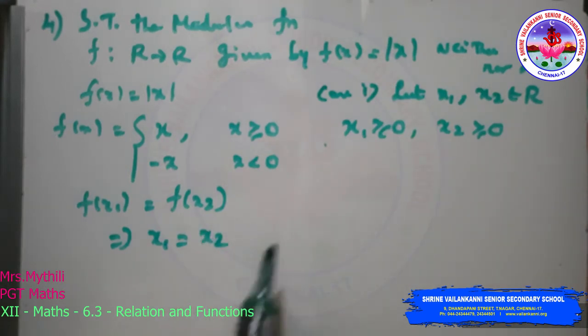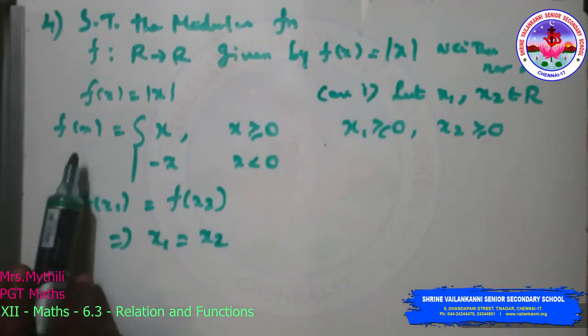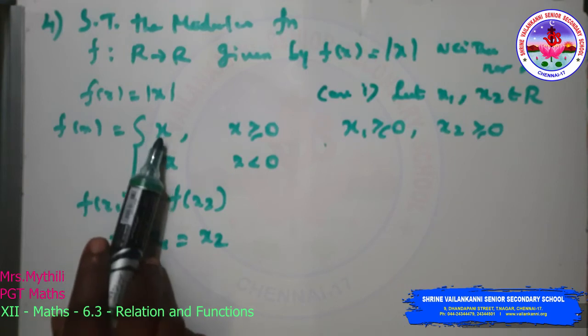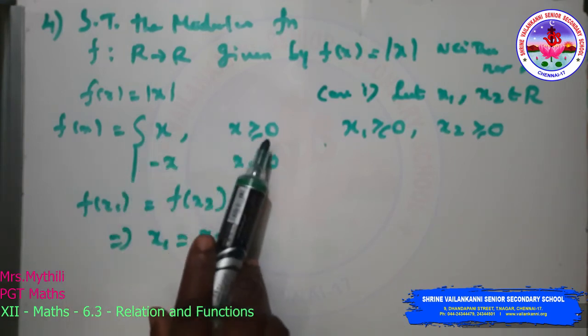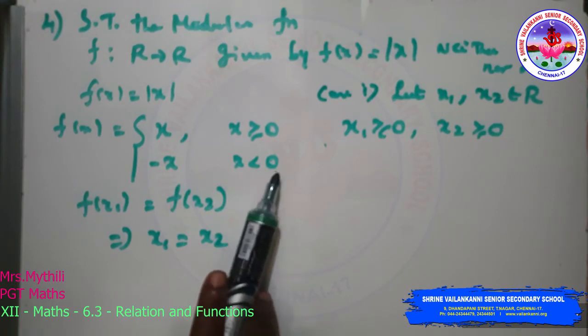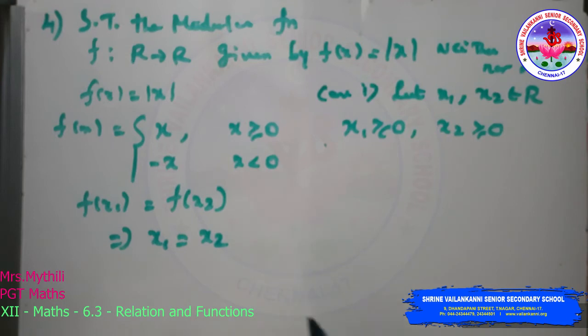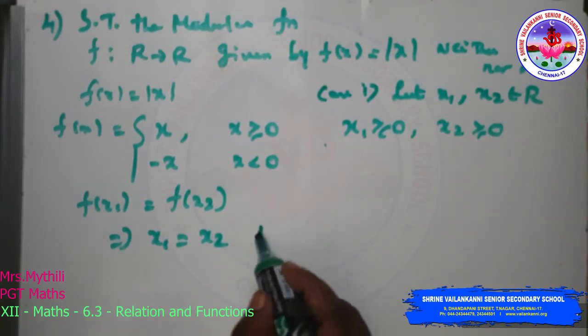Here we have written the modulus function as x, which is positive, that is greater than or equal to 0, and minus x, which is negative, x less than 0. So it is clear that f is one-one function.